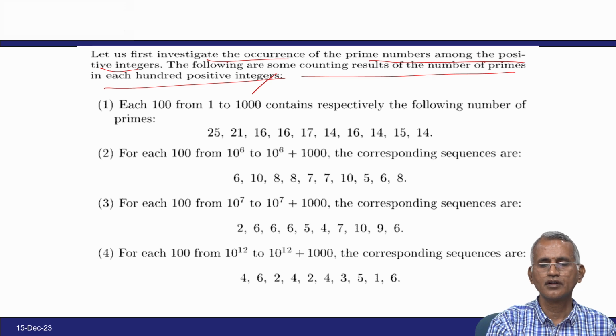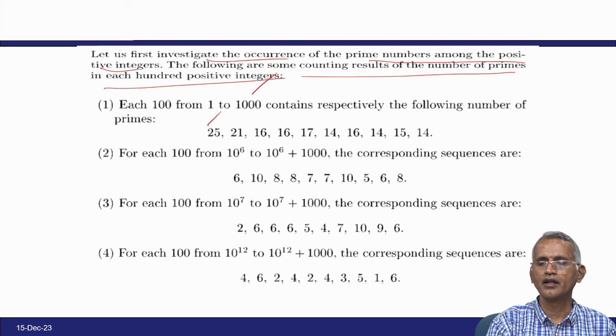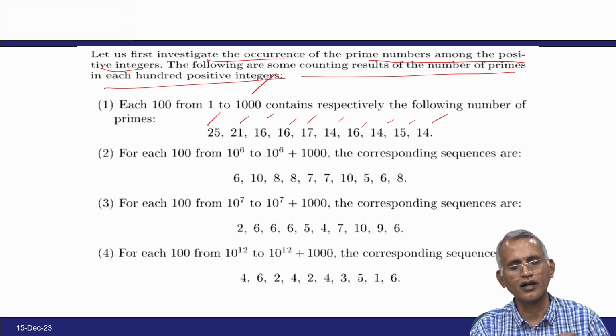So, from 1 to 100 we have 25 as the corresponding number of primes.